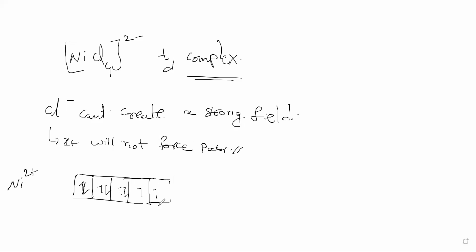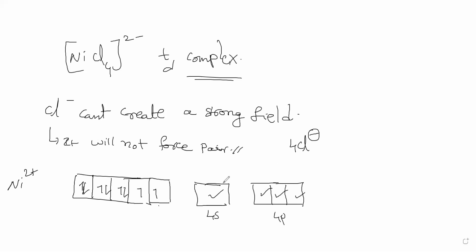Now the Cl- cannot push these electrons back. So they will go to the available orbitals, 4s and 4p. You have 4 orbitals. The 4 Cl- will donate the electrons.